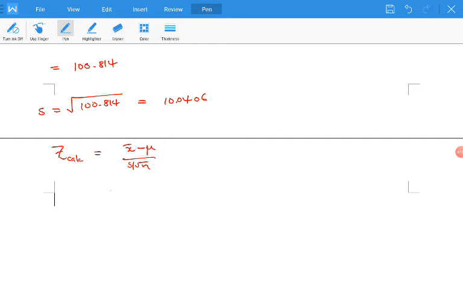So this will give us 56.4231 minus the hypothesized mean, which is 60, then divided by 10.0406 over root 26. So the answer that we'll get here is negative 1.82.